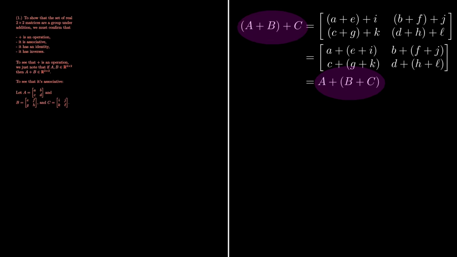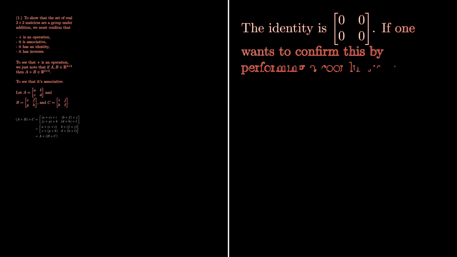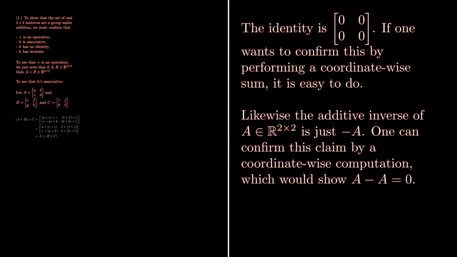Then we translated it all over to the coordinates of the matrices and worked with those coordinates. We were allowed to make some moves there because of the things that we know about the individual elements, the real numbers. And then at the end, we export it all back out to the language of whole matrices. That shows that you're able to shift the parentheses around and this object stays equal the whole time. So that concludes the demonstration of associativity.